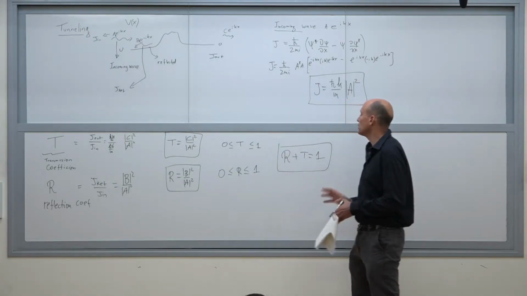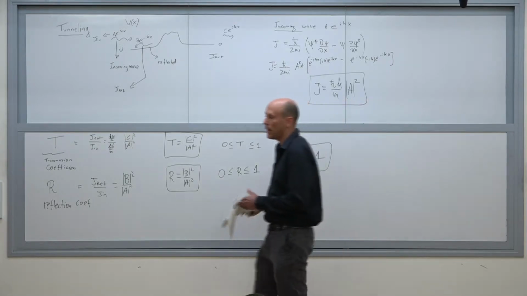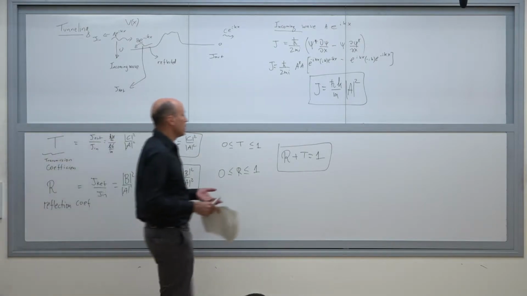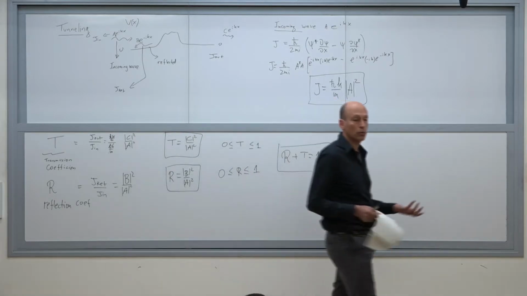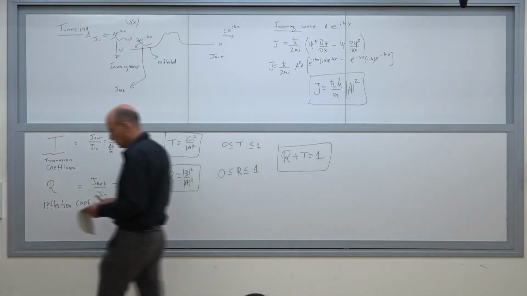So I'm not going to prove this, but physically it is reasonable that R plus T equals 1. This is nice because it just allows you to calculate one of them. I'll calculate T and then I know R. I don't need to do both. That's good news because I don't like to calculate things.